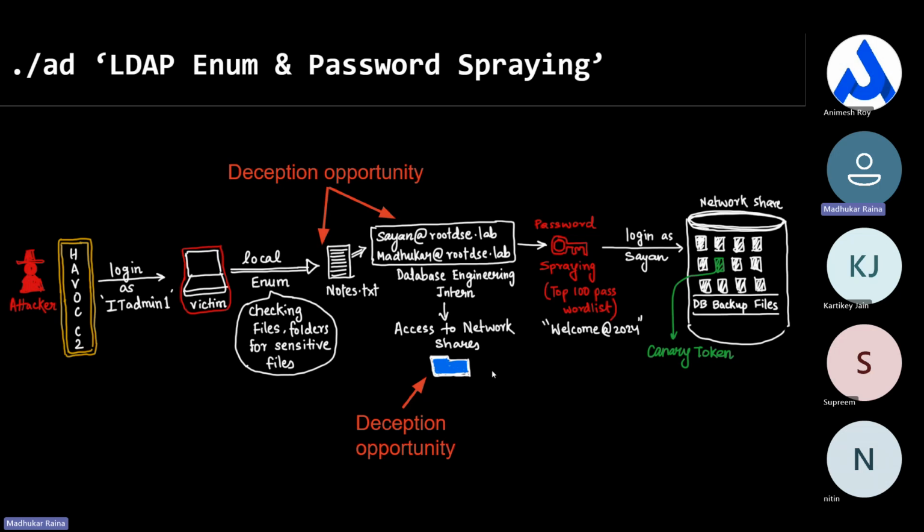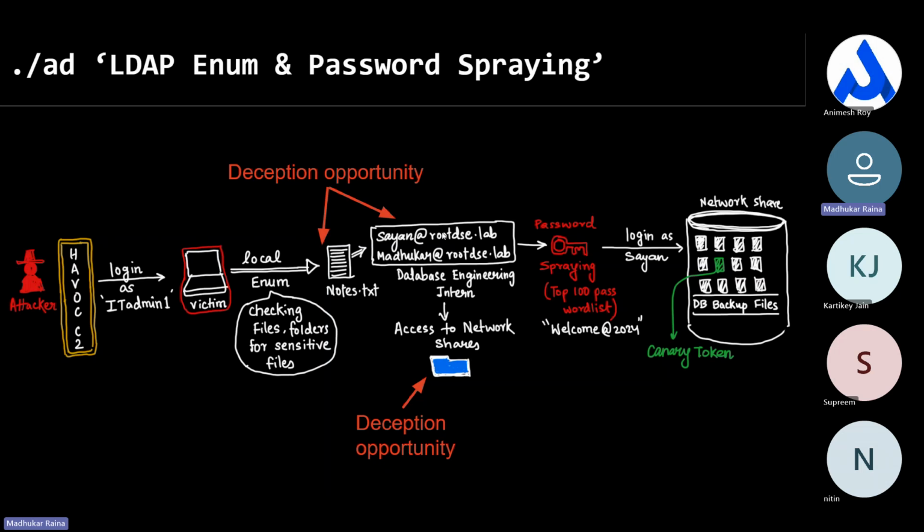On those network shares there might be some interesting database backups. Because that is a database backup folder, we'll see that later. This is also a deception opportunity. If we can create a similar decoy folder, whenever someone browses to this folder, we'll get an alert. I'll show an example of how this can be set up.